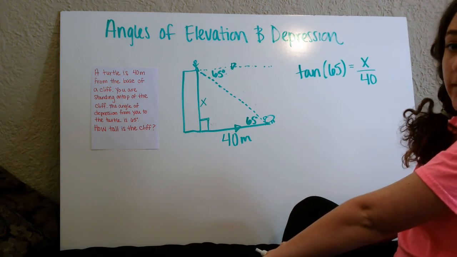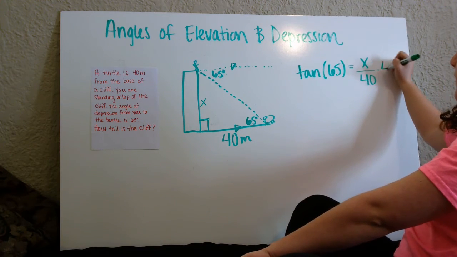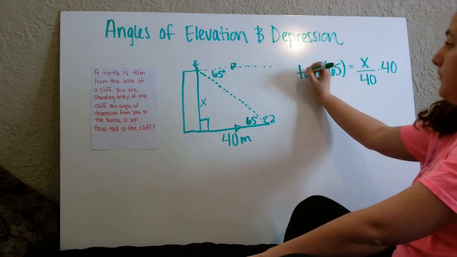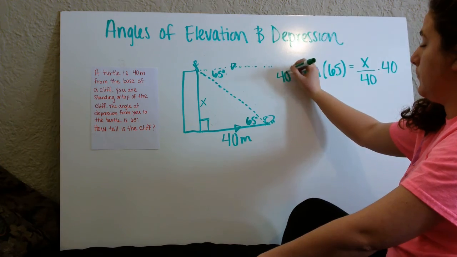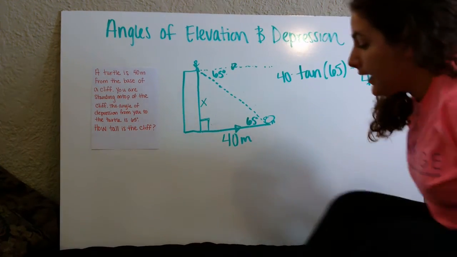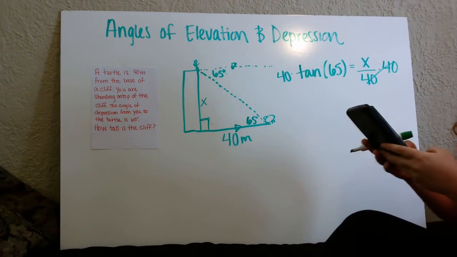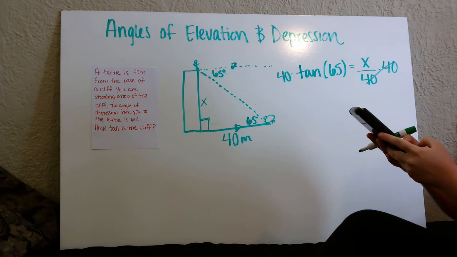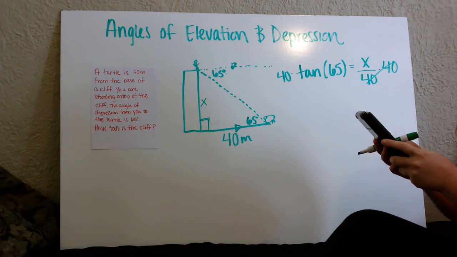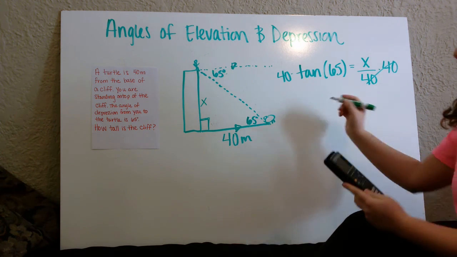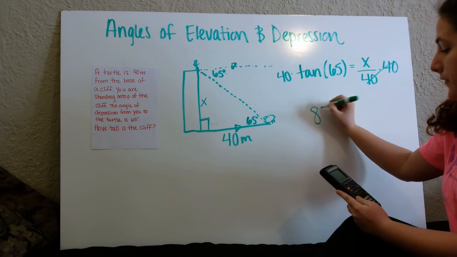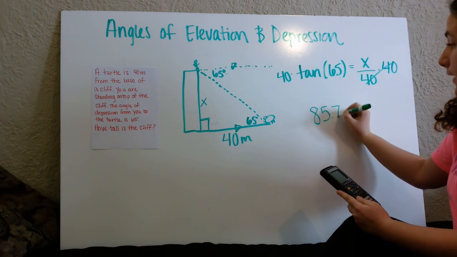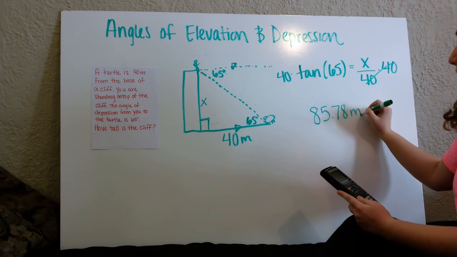Now we need to solve this, so we're going to multiply by 40 on both sides. In our calculator, we're going to do 40 times the tangent of 65, and we get 85.78 meters.